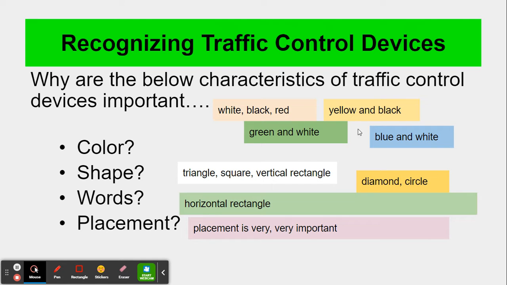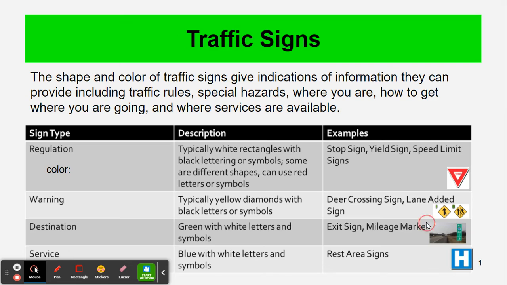White, black, and red, or yellow and black, green and white, blue and white. And we also have shapes like triangles, squares, and vertical rectangles, right? We have diamond shapes and circles. We have horizontal rectangles. And placement, right? Placement is very, very important, obviously.